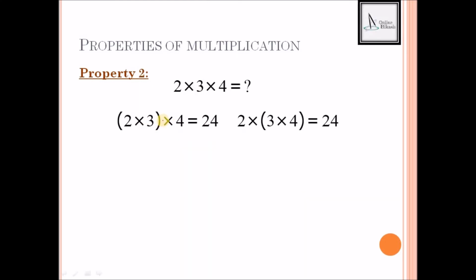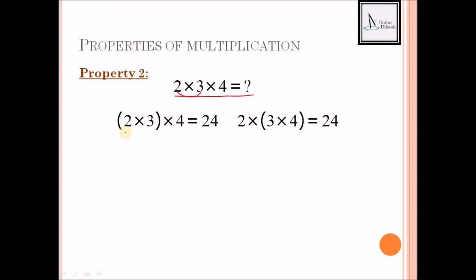Now see property 2. First of all, 2 into 3 into 4 equals what? A normal person, how will he perform this multiplication? First, he will multiply this 2 and 3 like this.